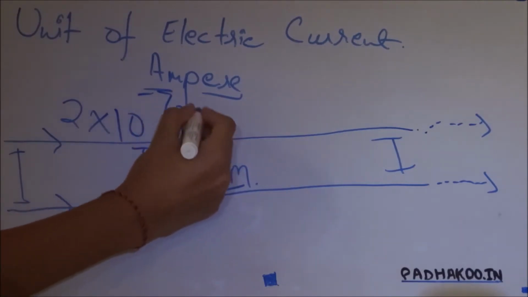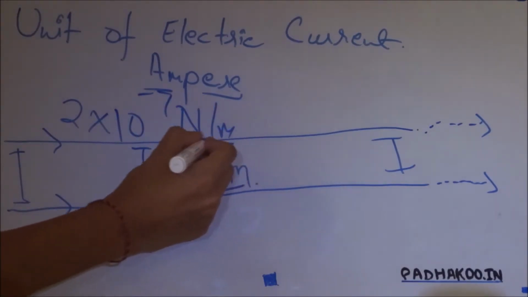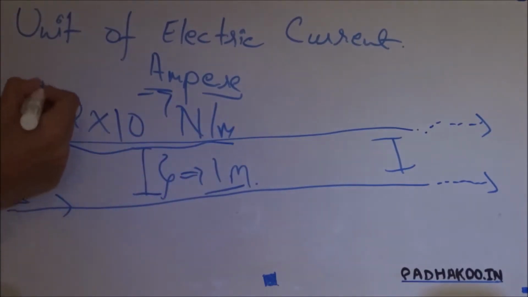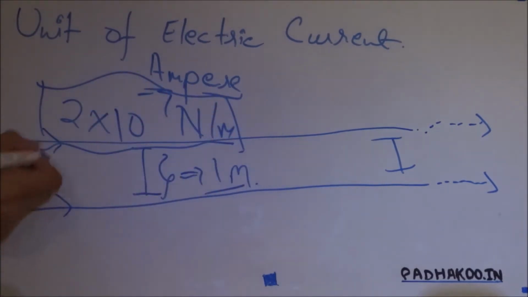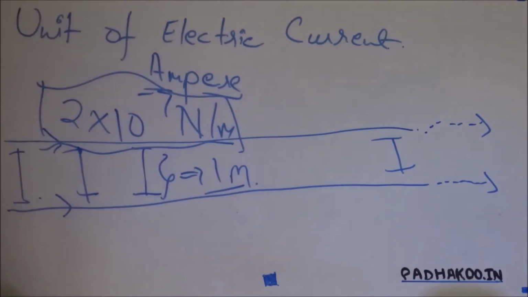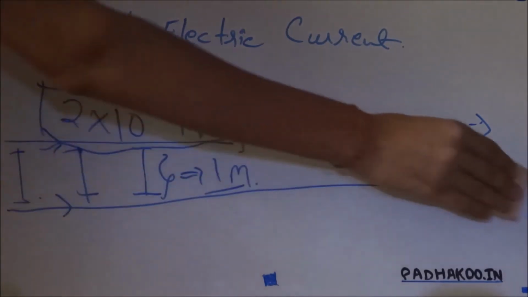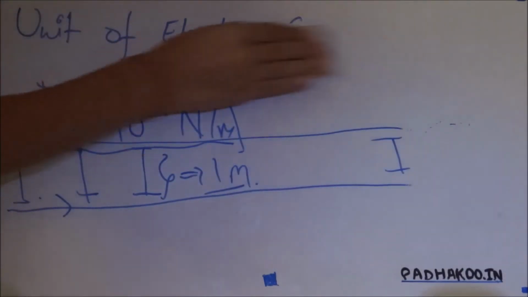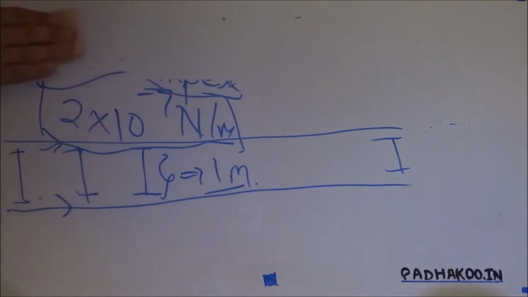This is the force produced between these two. These both are kept in vacuum, have negligible cross section, are straight, have current, are parallel, and are obviously of infinite length. Okay, so let's continue. I know I'm short of space, but what to do?